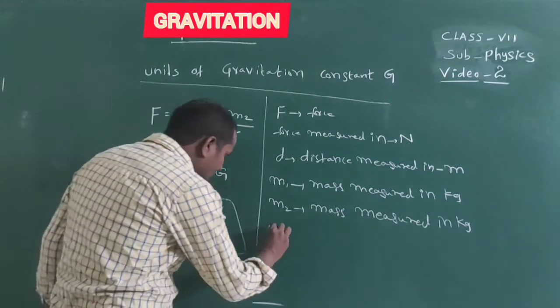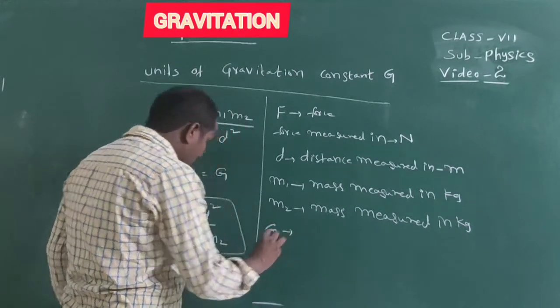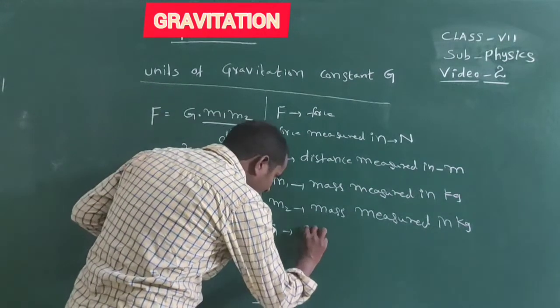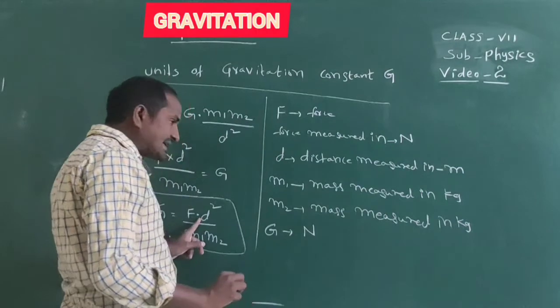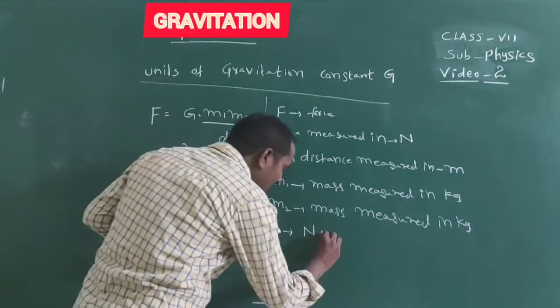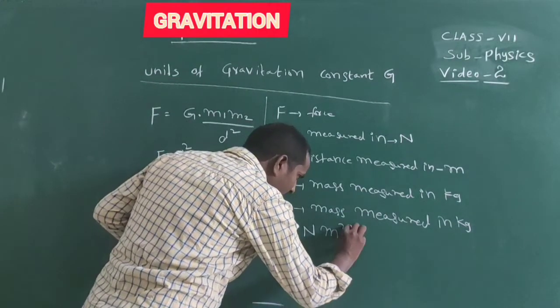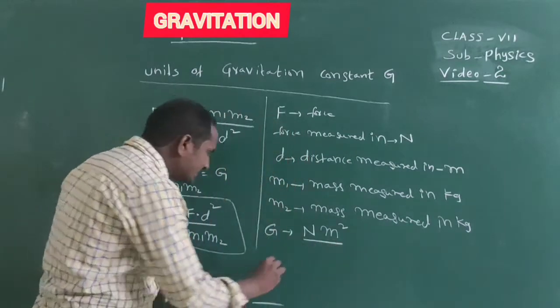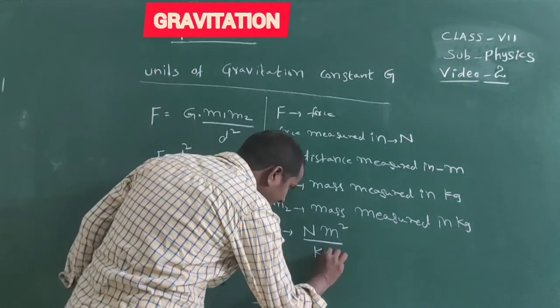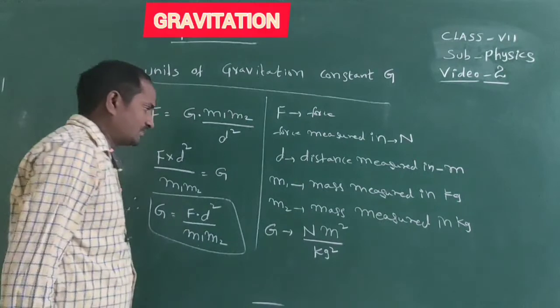So we can write the G units. Force newton, d square meter square, by kg into kg, which we can write as kg square.